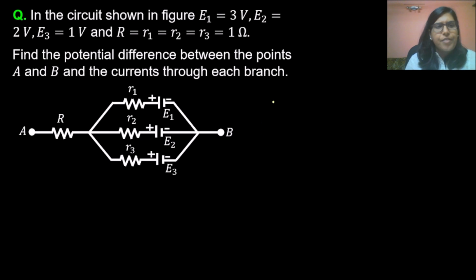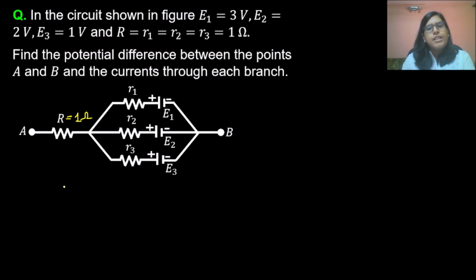Now in this question we are given E1 is 3 volt, E2 is 2 volt, E3 is 1 volt. This resistance is 1 ohm and these internal resistances are also 1 ohm. Find the potential difference between the points A and B and the current through each branch.